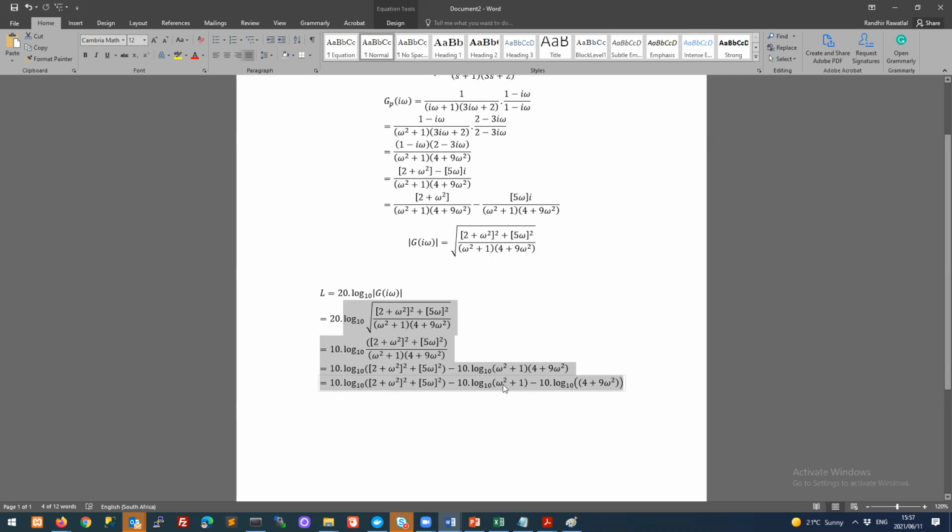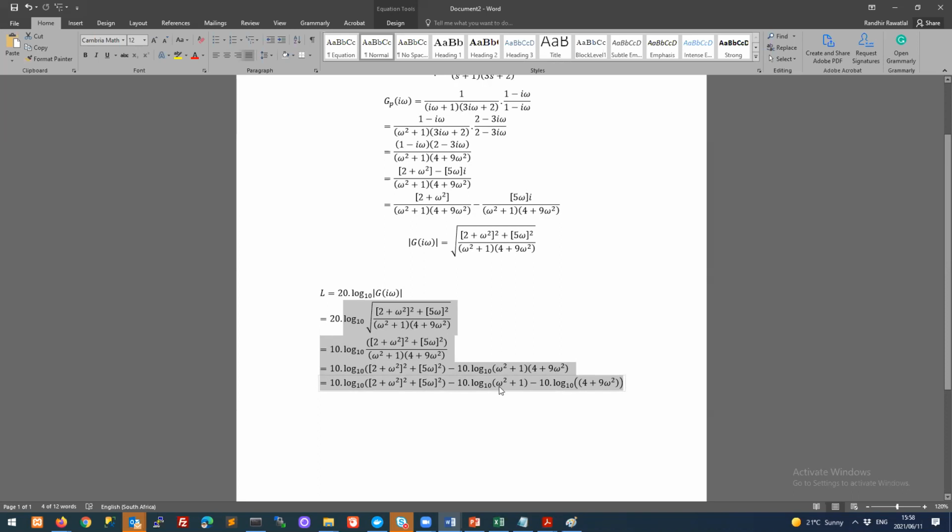And then similarly here, when omega is small, then it's log of 1 again. That is a 0. And here it's going to be log of 4. So you can get these for small omega values, and then you consider at what value of omega it crosses over.